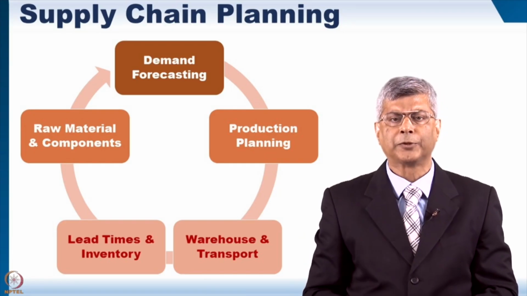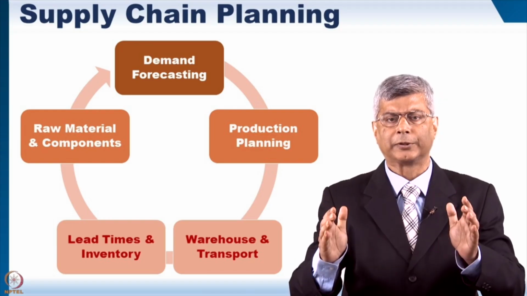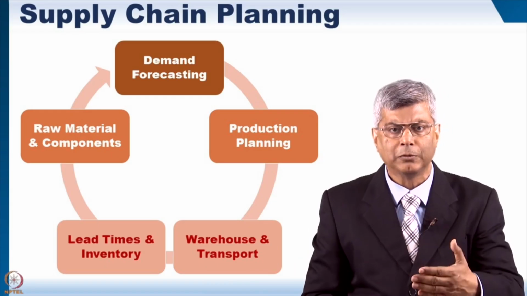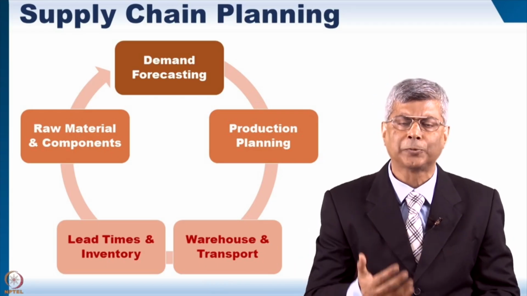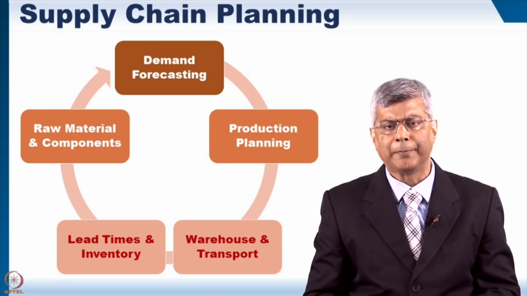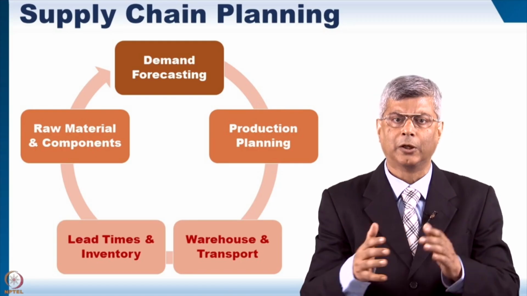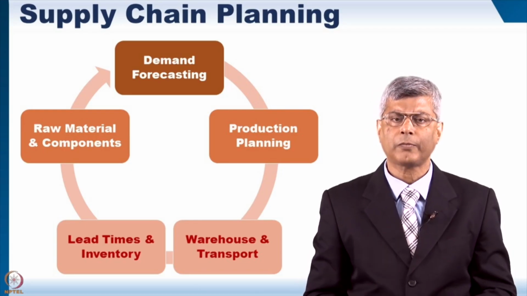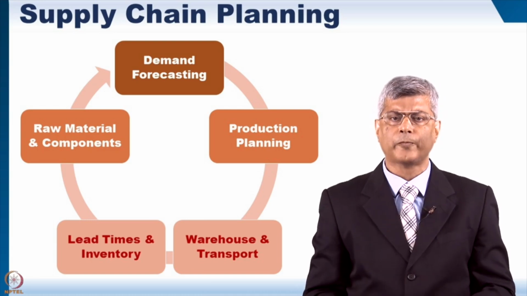So all of that is in terms of planning and ordering, but then comes the physical aspect of warehousing and transport. Because the warehouse is typically of a certain size. If you order too much, you'll not be able to place it in the warehouse because there's no space. If you have too little, then the warehouses are running empty and you are incurring rental cost because the warehouse is empty. Same with trucking.